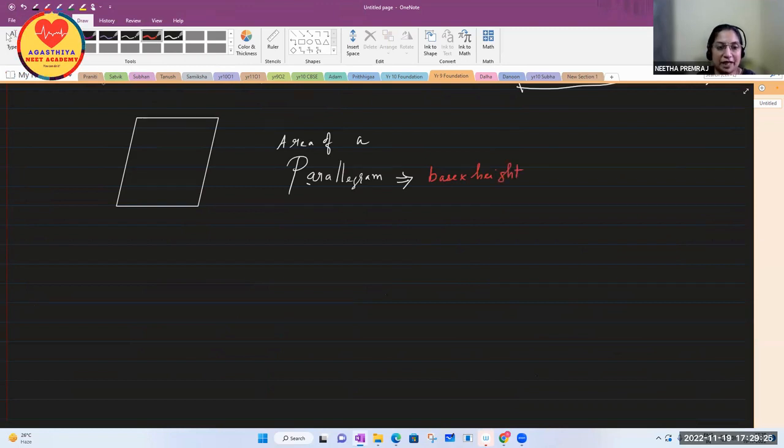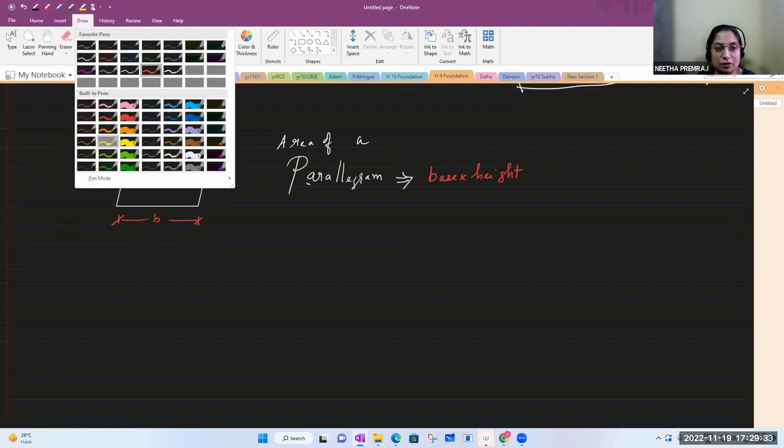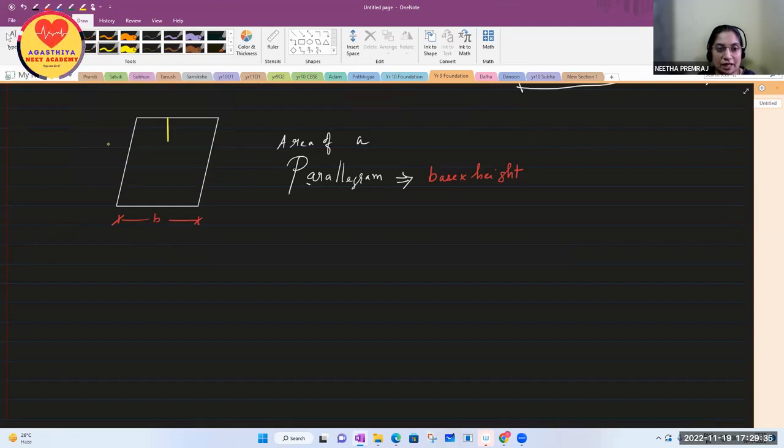Okay, if you take this as base, the corresponding height, the perpendicular distance to the parallel side, should be taken as height. Okay, so if you take this as base, should I take only this as base? Why, I name it as ABCD.